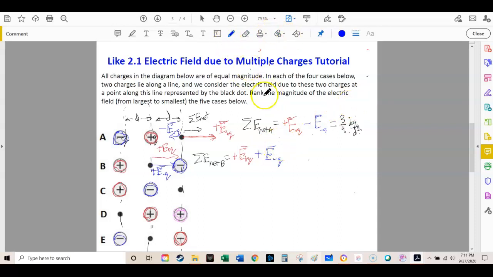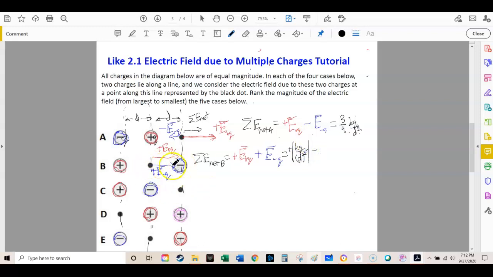All right. And then if I'm going to plug in the values, that positive charge is a distance d away from the data point. So that's going to be positive kq over distance d squared.